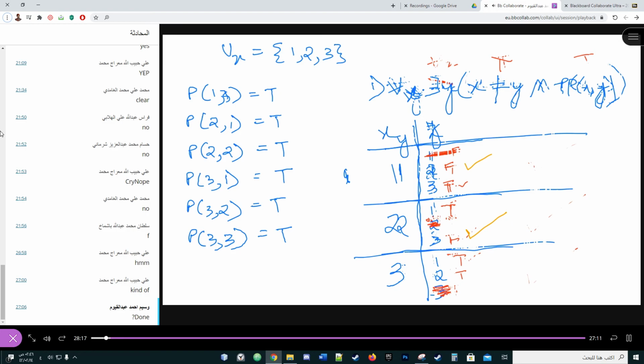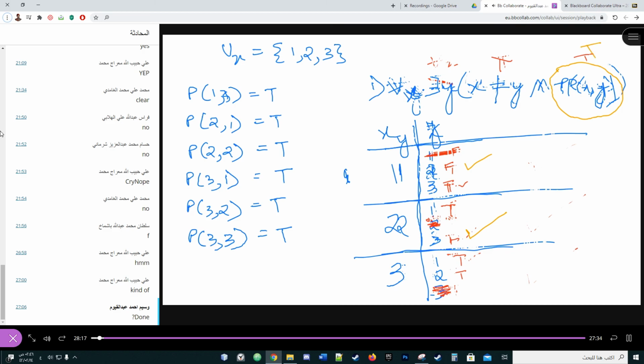Very similar to the previous one, but here you have to evaluate this as false. For this to be true, P of x y should be false.